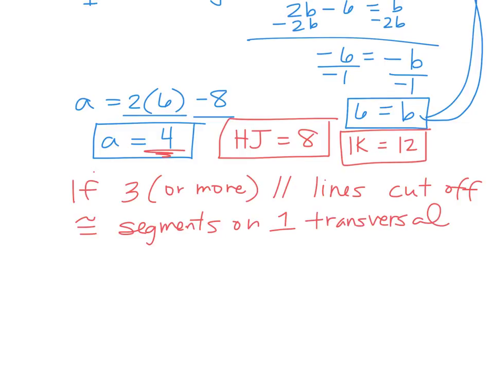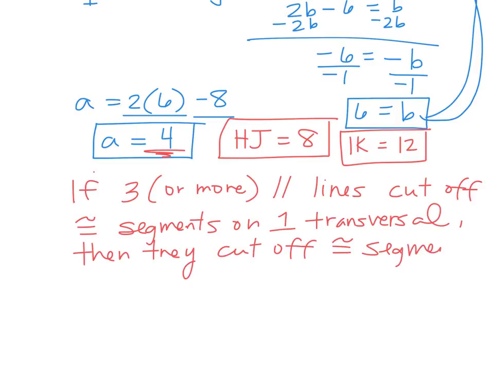The line that cuts through the other lines, right? So if they cut off congruent segments on one transversal, then they cut off congruent segments on all transversals.